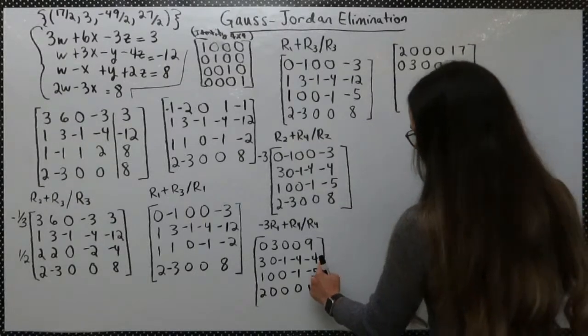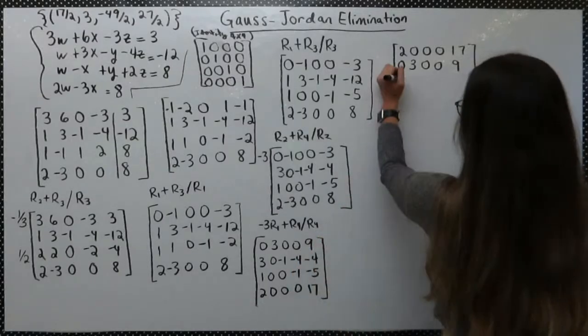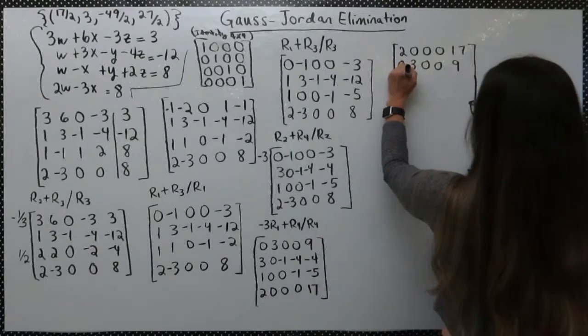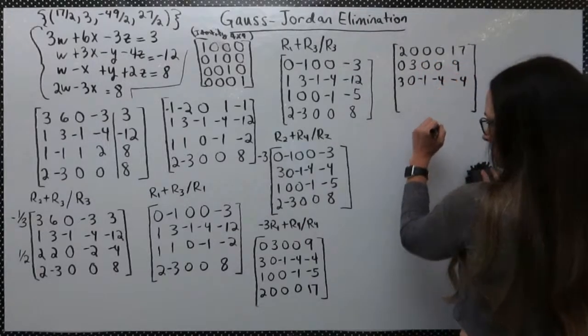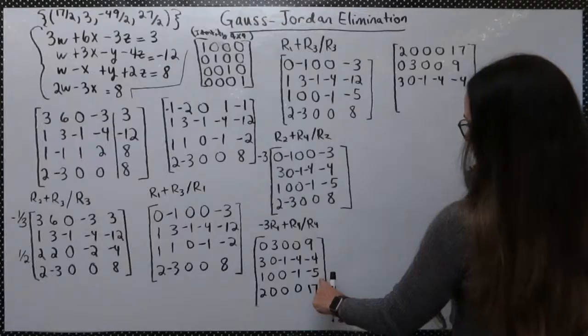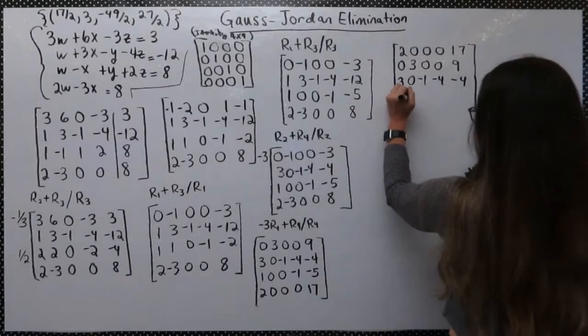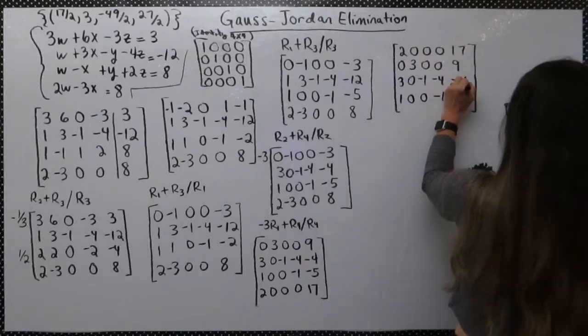I'm going to list this one as row 3. So we've got 3, 0, -1, -4, -4. And then this one is going to be my row 4: 1, 0, 0, -1, -5.